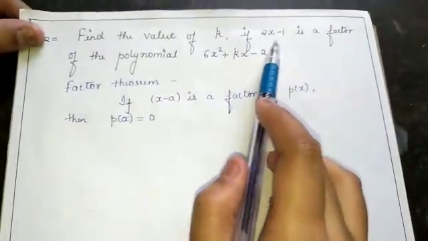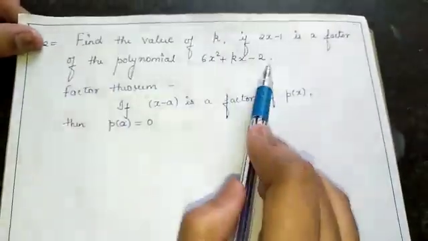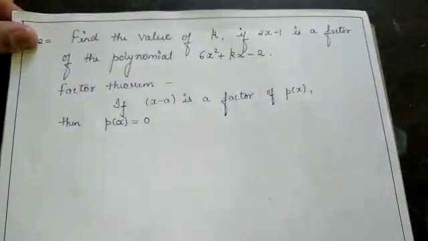Similarly, 2x minus 1 is a factor of this polynomial, then find the value of k.